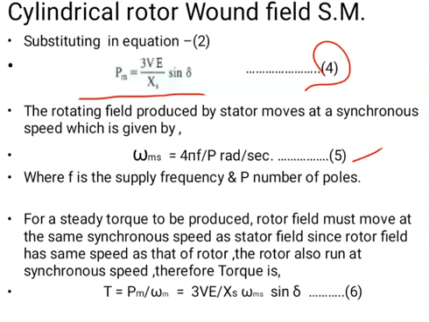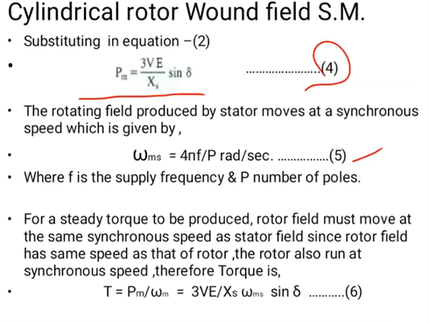So for steady torque to be produced, the rotor field must move at the same synchronous speed as the stator field. Since the rotor field has the same speed as that of the rotor, the rotor also runs at synchronous speed.